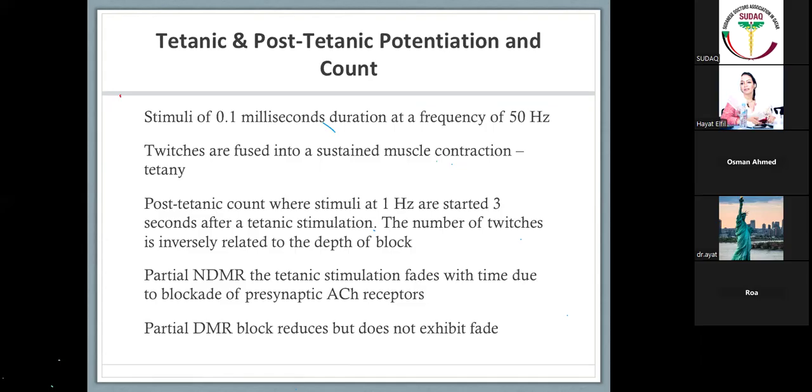So the fade is not there unless, as we said earlier, a type 2 block, phase 2 block, is evident, where you have more succinylcholine in the neuromuscular junction because you give a second dose, or because the plasma cholinesterases are inhibited, so succinylcholine is metabolized less.